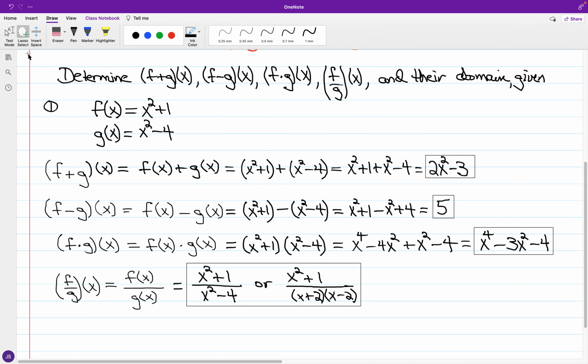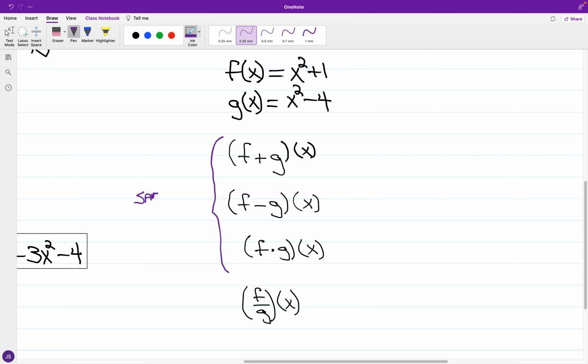Let's see if I can relay this here. So first things first, for the sum, difference, and product functions, again, we had the same domain.